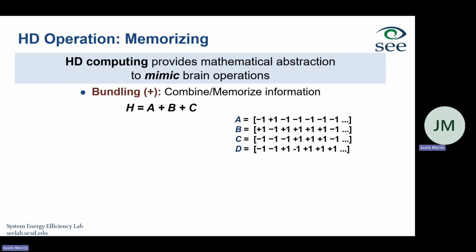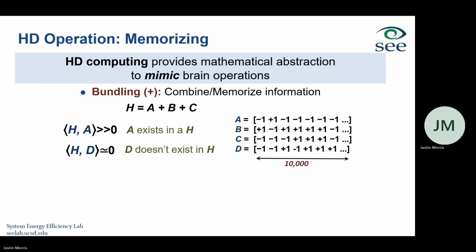We can then say that the hypervector H has memorized A, B, and C. If we do this similarity metric between H and A, we'll see that the similarity metric is much higher than 0, where 0 is defined as half of them matching, right? But if we do the similarity metric between H and D, because all of these vectors are orthogonal to each other, we're going to see that D is not found in H, so H has not memorized D.